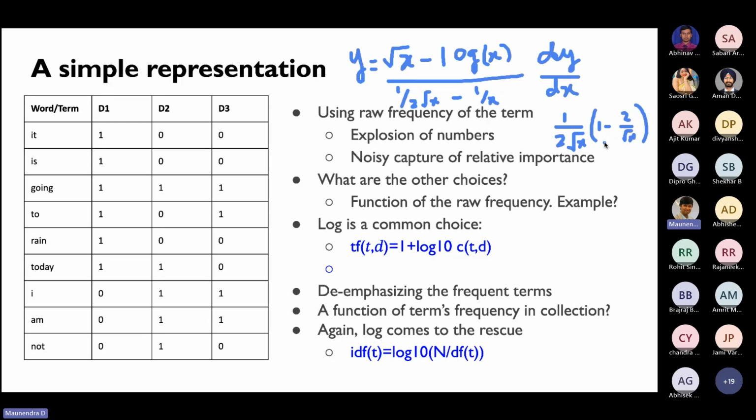This will be a proper fraction, so 1 minus a proper fraction is positive. And x is positive, greater than 4, so this part is also positive. So this part is greater than 0. That means dy/dx is greater than 0. That means the rate of change here is greater than the rate of change here. Again, simple mathematical algebra I can find.